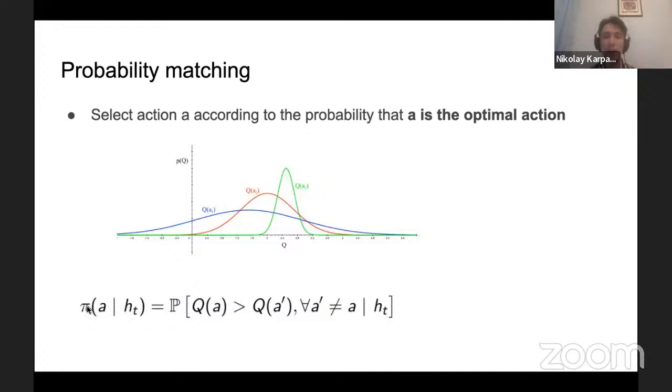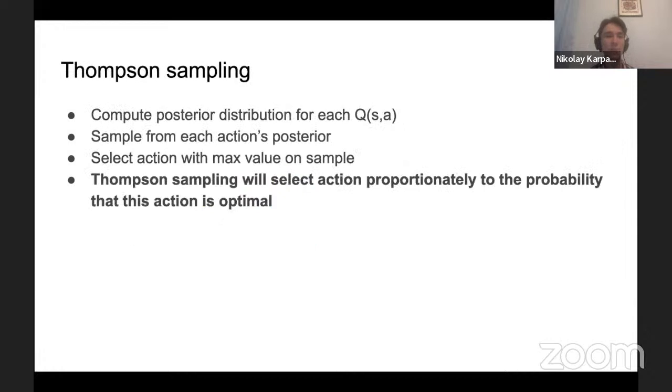Probability of action A given our history, HT, is the probability that the Q-value corresponding to this action is greater than the Q-value corresponding to other actions. So we want these explicit probabilities, and we would sample actions according to those probabilities of optimality. How can we do this?